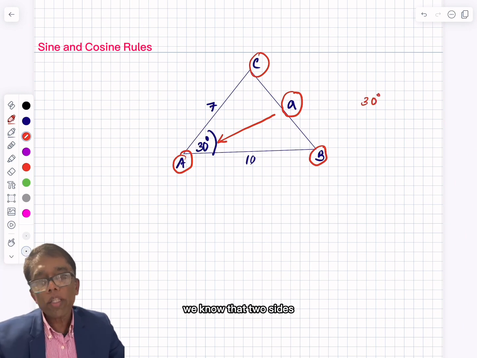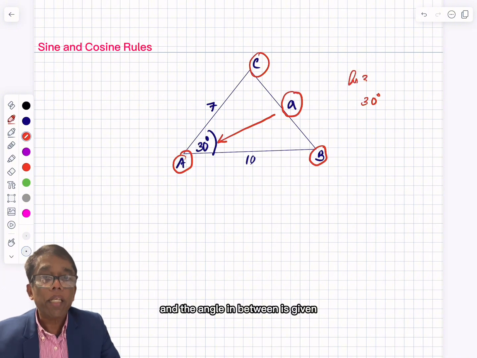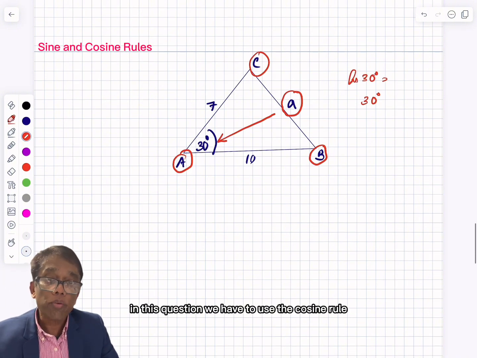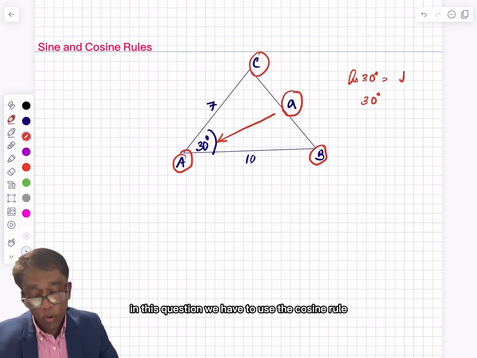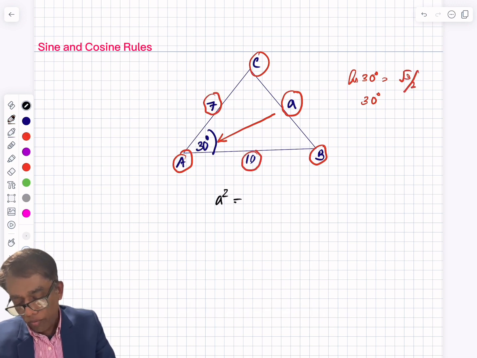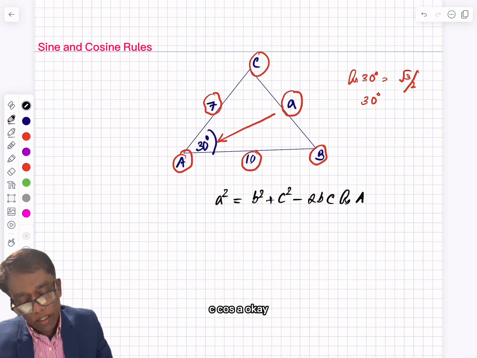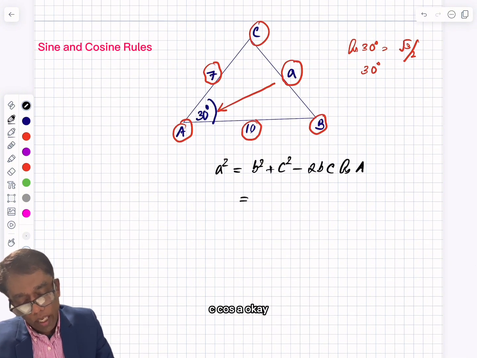Now, two sides and the angle in between are given, so in this question we have to use the cosine rule. We know what the cosine rule is: a squared is equal to b squared plus c squared minus 2bc cos A.